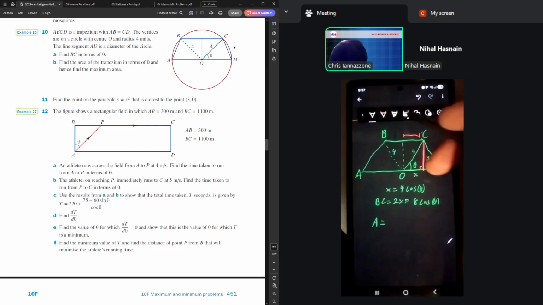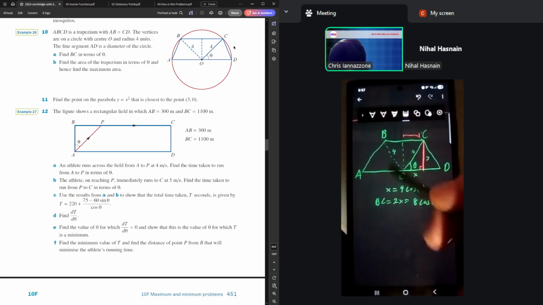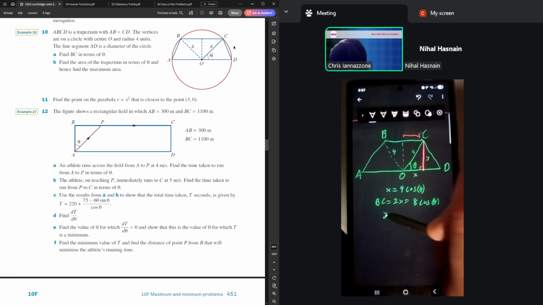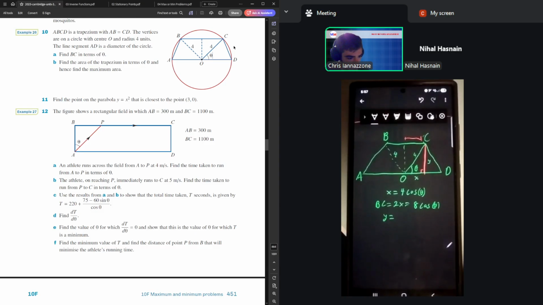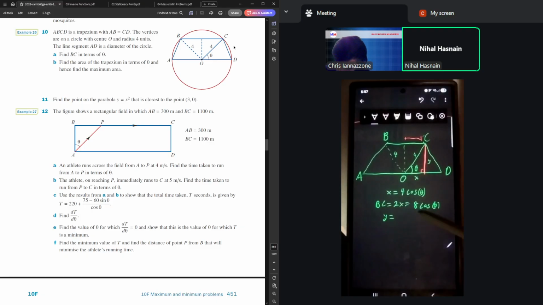So y I guess is the same, so 4 sine theta.